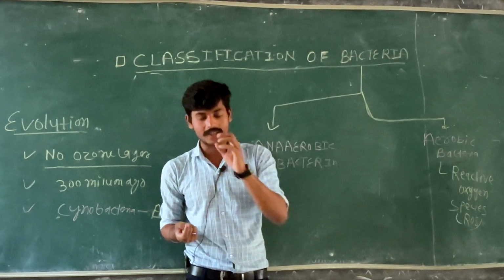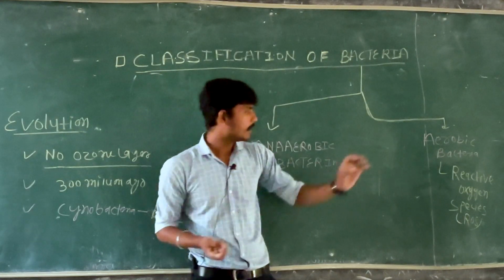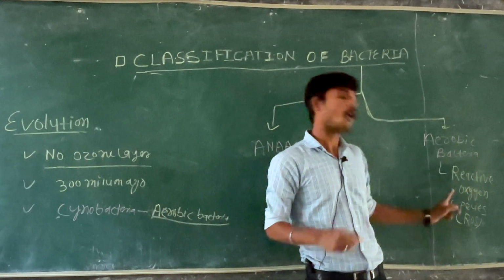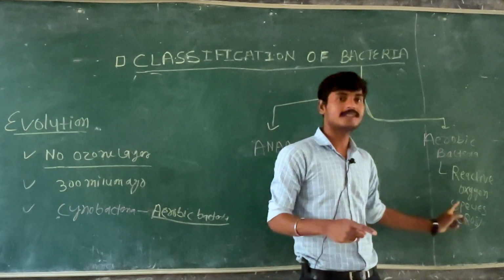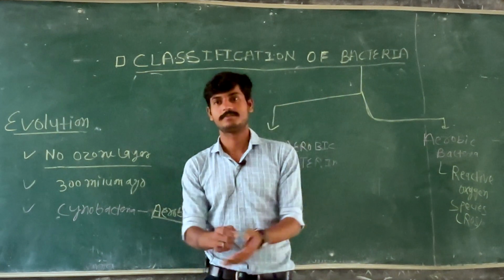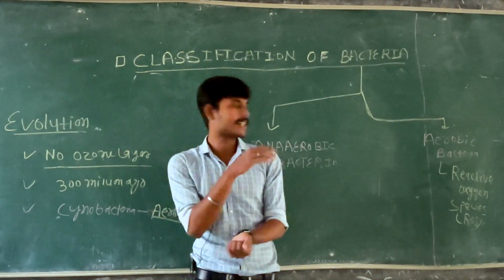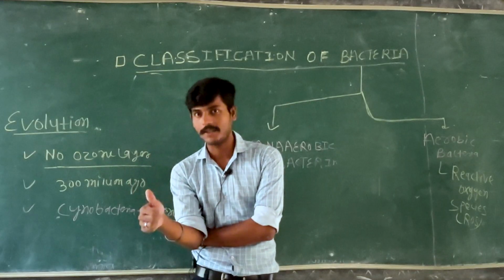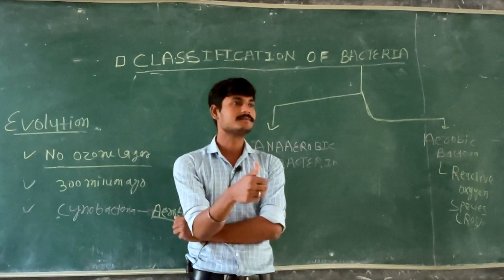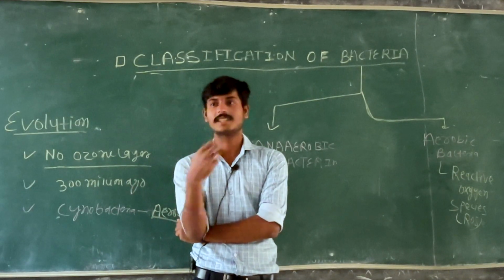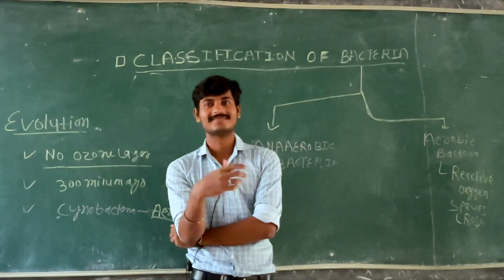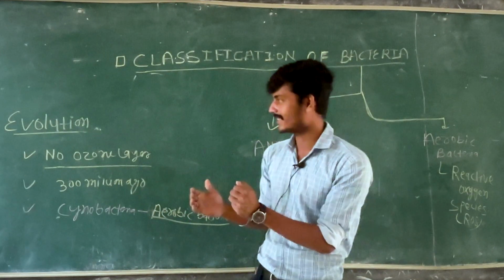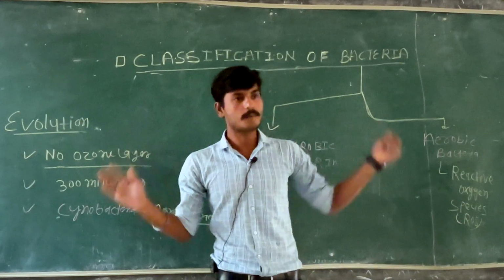Basically, gooseberry contains those enzymes which destroy these reactive oxygen species, or they make these reactive oxygen species neutral. Getting the point? Yes? Everyone? Then smile. If you are getting the thing, then smile. Then I will feel, okay, you are really understanding. Fine. So this is all about the story.